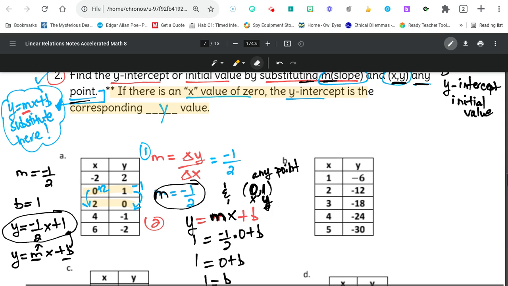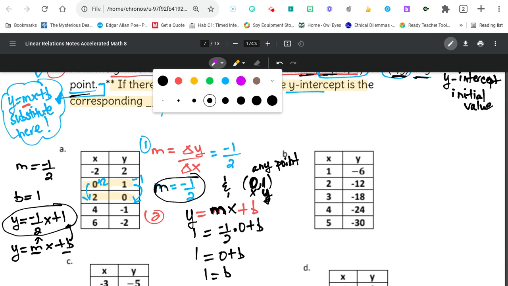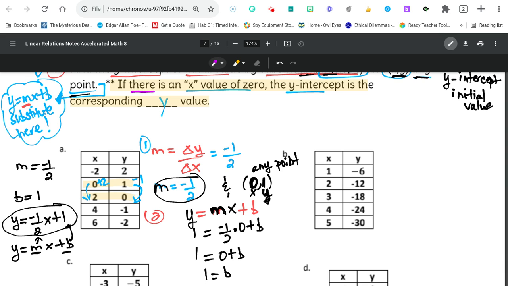All right, now I want you to look at something. Go back up here, and I'm going to underline this in purple. If there is an x value of 0, the y-intercept is the corresponding y value.